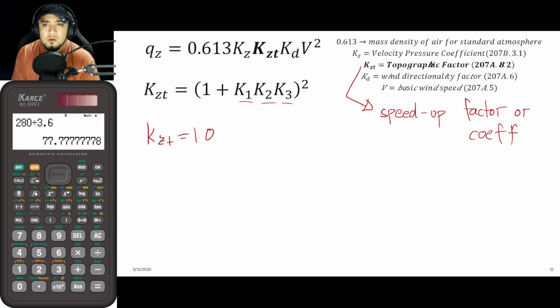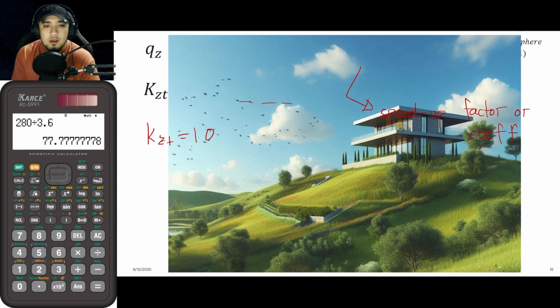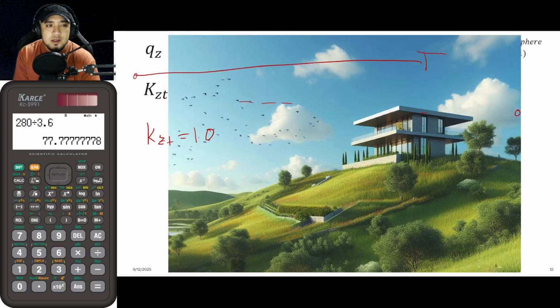Okay, so what is the importance of this factor? So suppose that you have here, let me just erase this first, your structure on top of a hill. And let's say that wind travels from this point towards this direction. Of course, wind will also travel at this location, but then again, this is a hill going up.